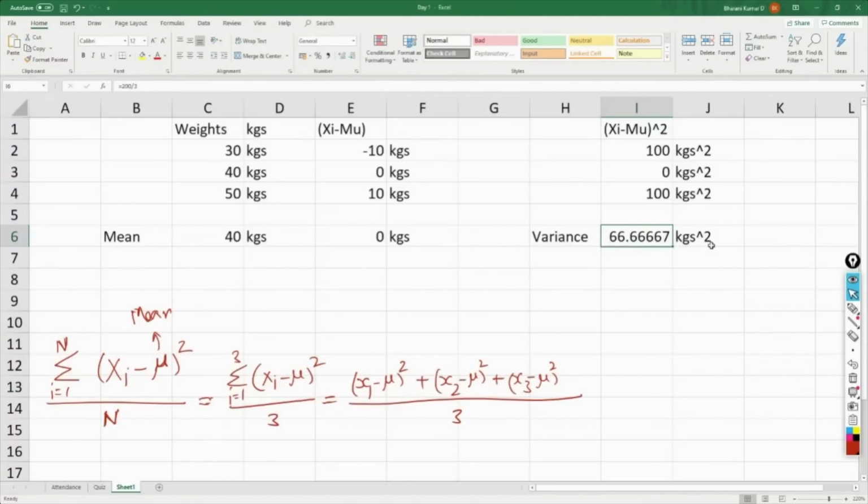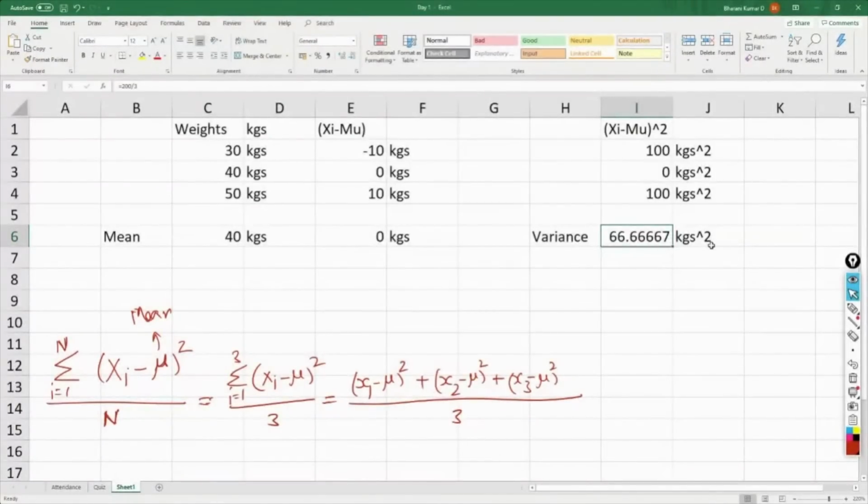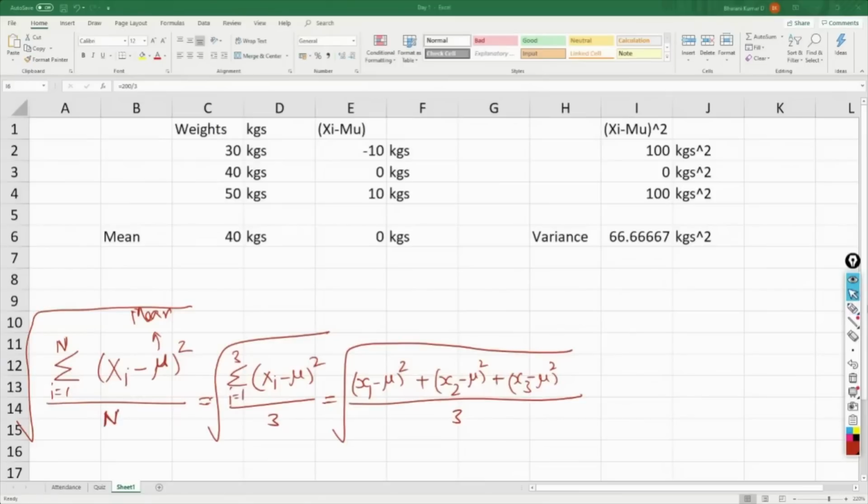Then statisticians again thought, we need to fix this. And again, a brilliant person in the room told, hey, my dear statisticians, you squared, right? That's why this is a problem. Now do one thing, take a square root. The moment you take a square root, this problem of units getting squared would get cancelled, and that is called standard deviation.